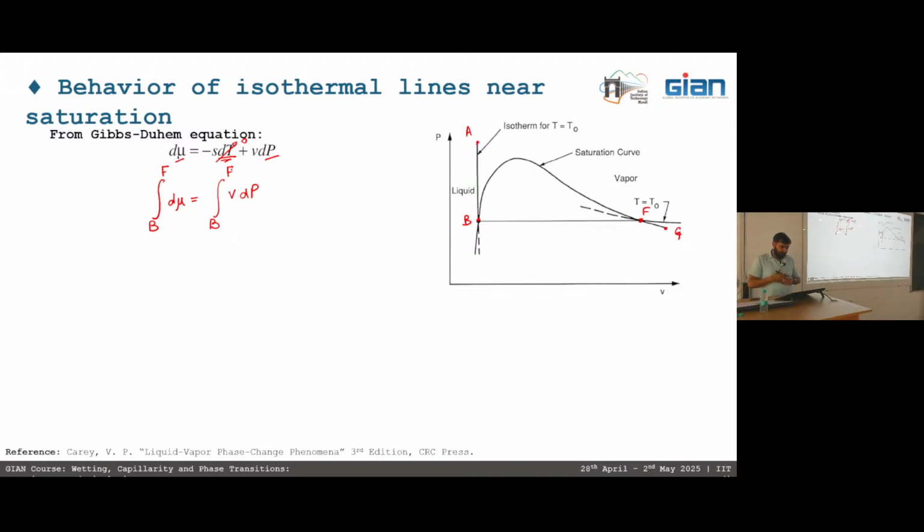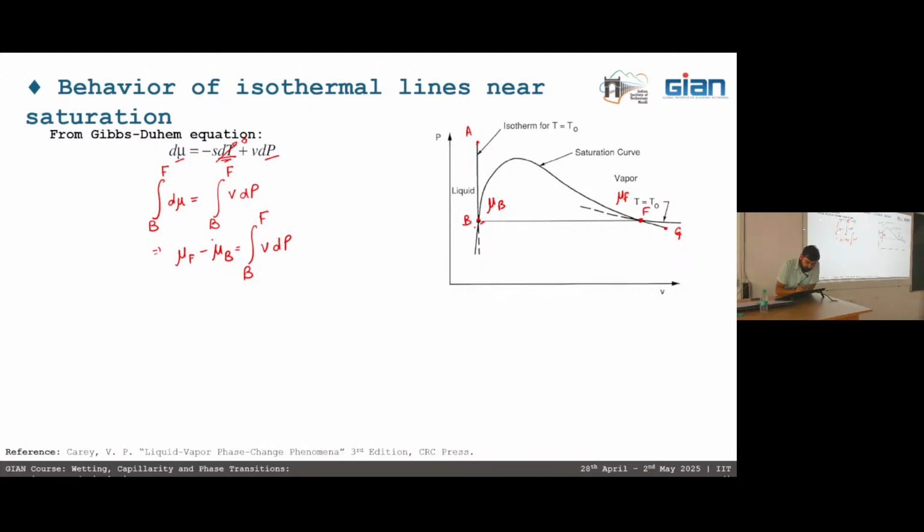So this will further give us mu F minus mu B is equal to the integral of V dP from point B to point F. Now, the mu of point B and the mu of point F must be equal for the system to be in equilibrium.